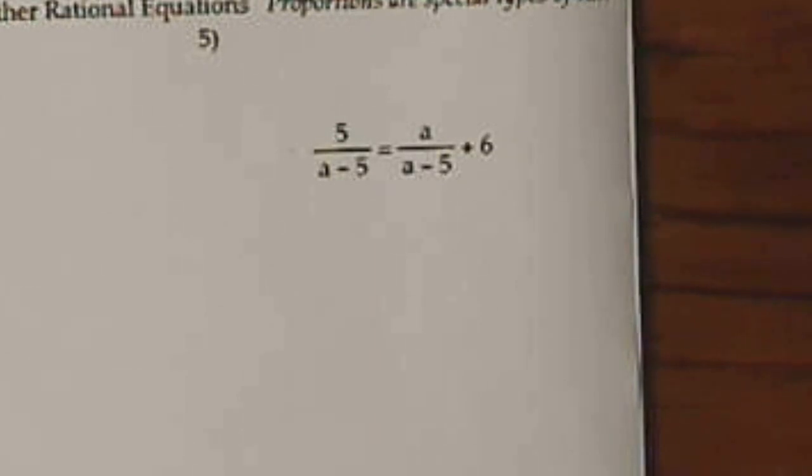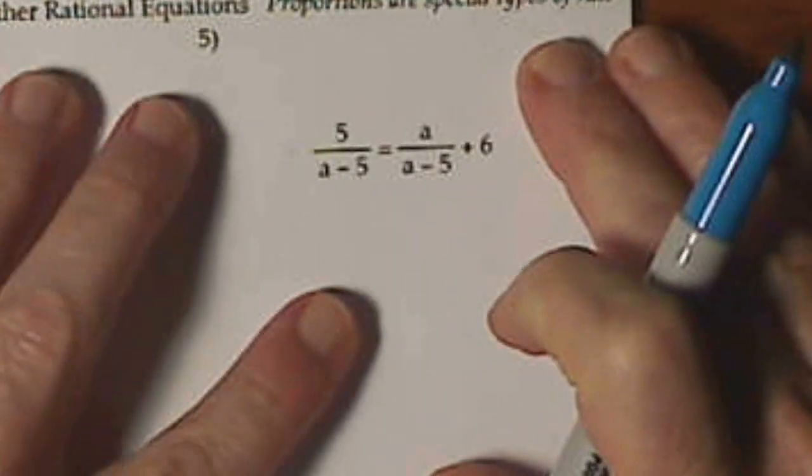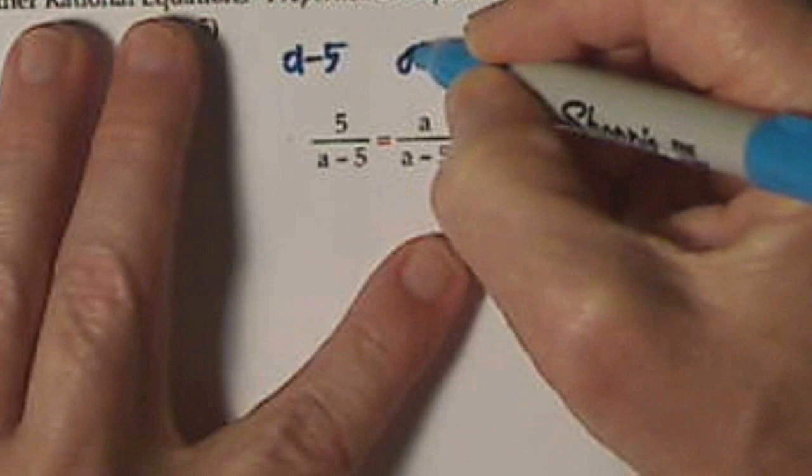We will multiply each side by a minus 5. So in order to do that, we will multiply each term by a minus 5. And even this 6 is going to have to get multiplied by a minus 5. Okay?